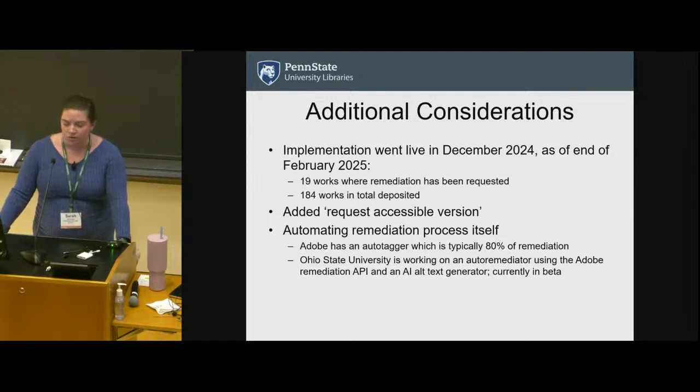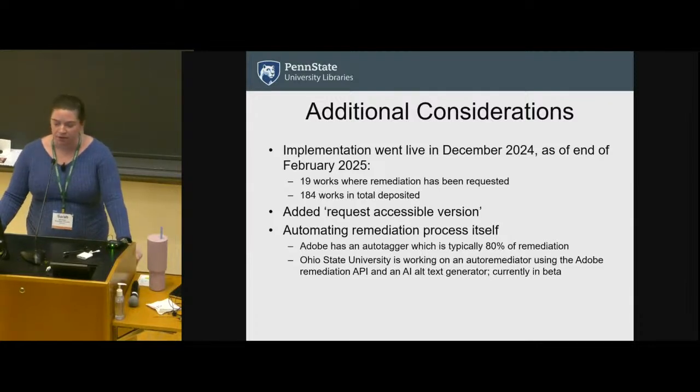And then, as I mentioned before, this all applies to new PDFs. We also added a request accessible version button to everything in our repository, whether it's a PDF, a PowerPoint, any of our works.